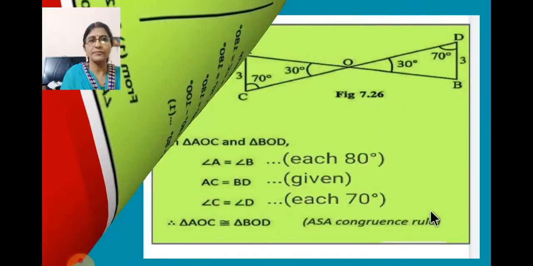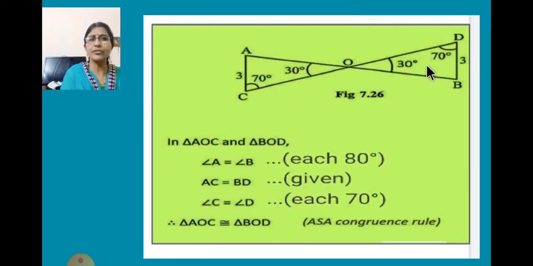So now we will take these two triangles. In triangle AOC and triangle BOD, angle A is equal to angle B, each 80 degree. Just now we have got the value of angle A and angle B, both are 80 degree. And then AC is equal to BD.